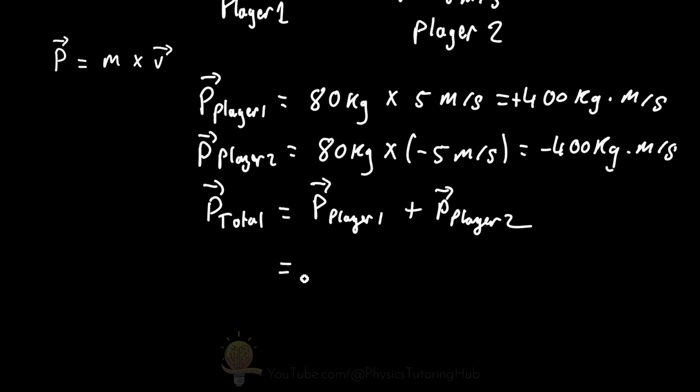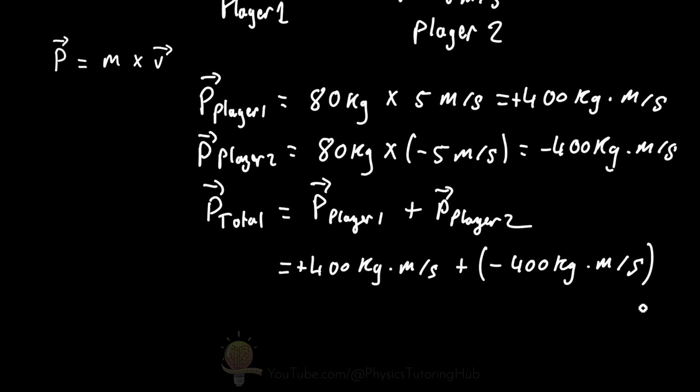So if we plug in the numbers now, player 1 has a positive 400 kilograms meters per second, plus for player 2 a negative 400 kilograms meters per second.